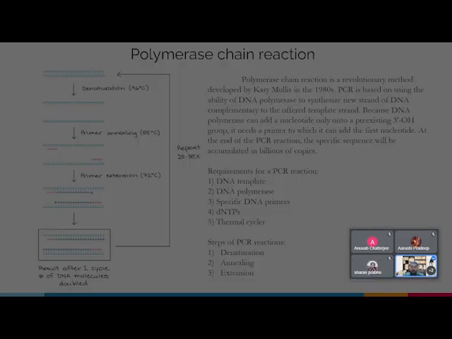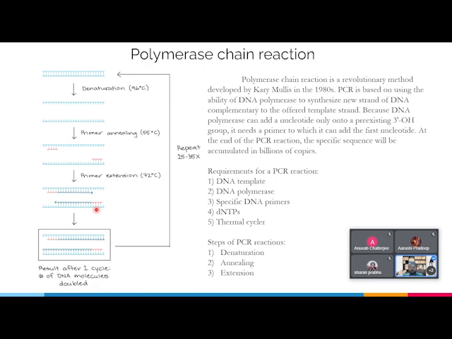Okay, so let us look into what exactly PCR or polymerase chain reaction is before going forward. Polymerase chain reaction is a revolutionary method developed by Kary Mullis in the 1980s and is essentially in vitro DNA replication.